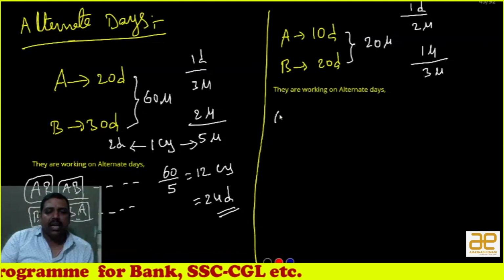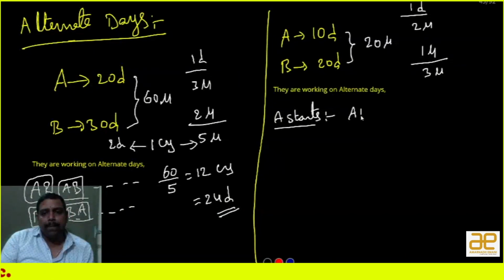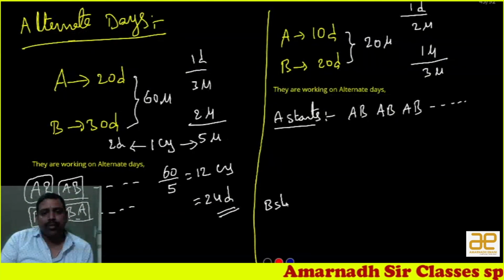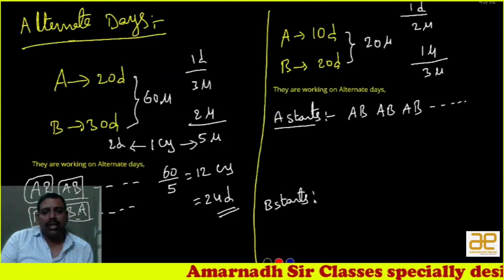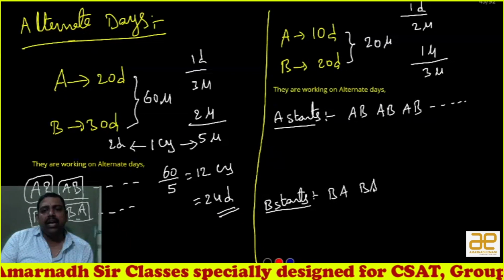If A starts, then what happens? The cycles are AB, AB, AB, and so on. Suppose B starts, then it is BA, BA, BA, and so on.